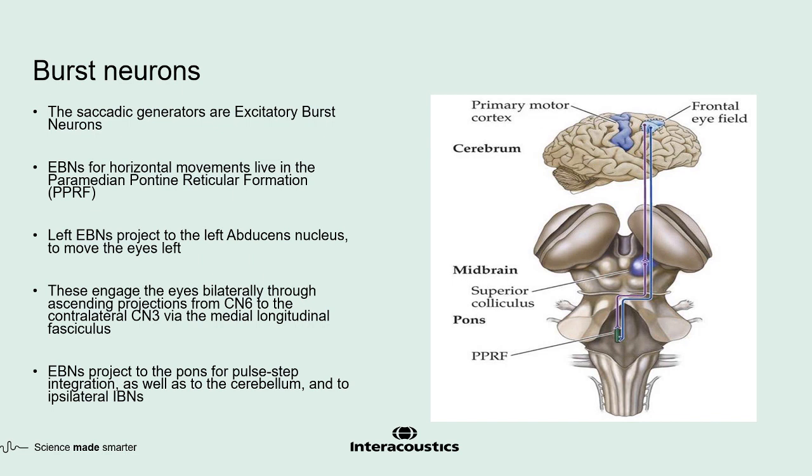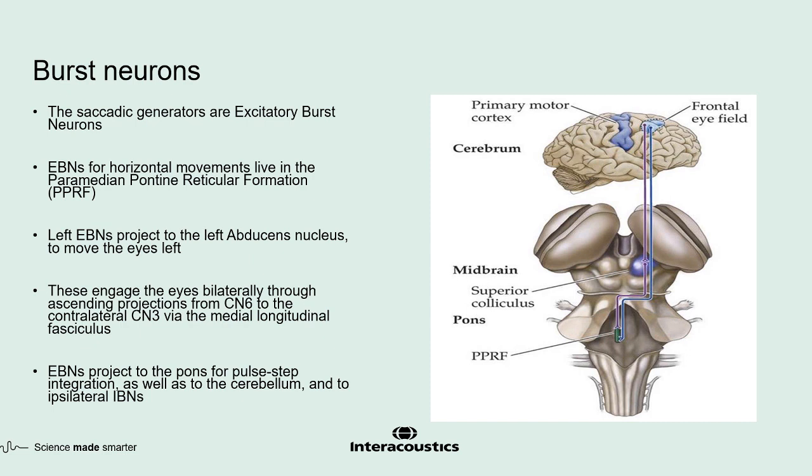So excitatory burst neurons for horizontal movements live in the paramedian pontine reticular formation, the PPRF. For those of you that have studied the vestibulo-ocular reflex pathway, the vestibular nuclei first fire the PPRF to drive cranial nerve 6, the abducens nucleus, to start moving the eye in the direction of the PPRF that becomes activated.